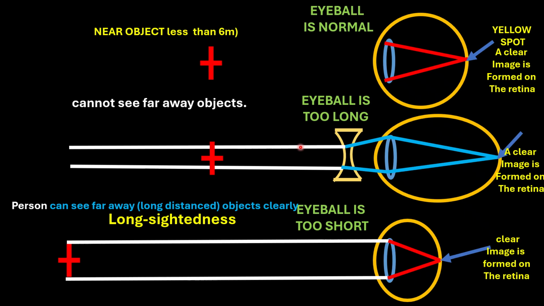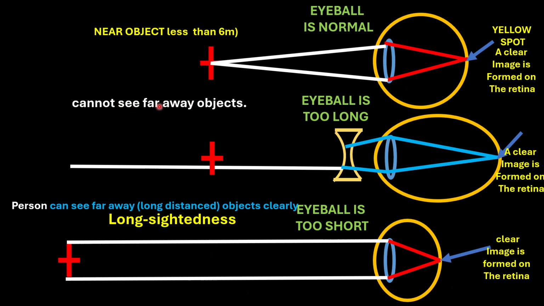When we bring the object closer to the person with the eyeball being too long, it becomes an advantage for him. This person is able to see clearly. Before then, this person could not see far away objects. But then there is a change. This person cannot see things that are far away.